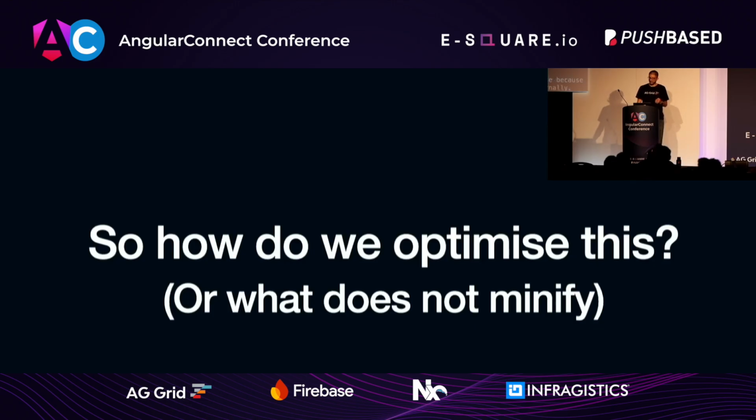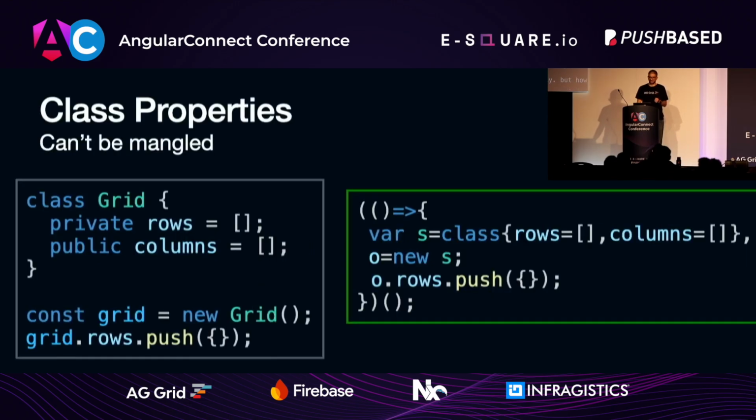But how do we optimize this, or what doesn't minify? So class properties are an interesting case. And it's worth noting that you've got rows and columns in here on your grid class. And the rows is private, columns is public. So the columns can be updated externally, but for the rows, they're not.